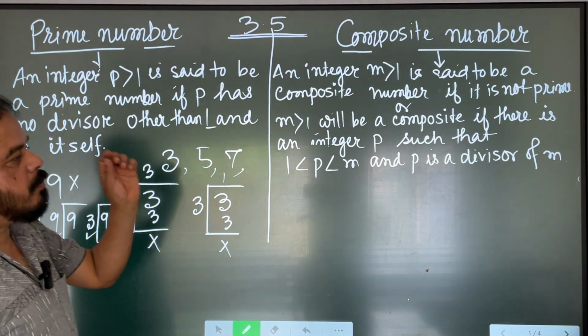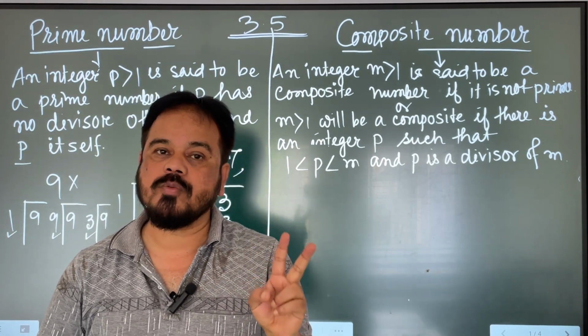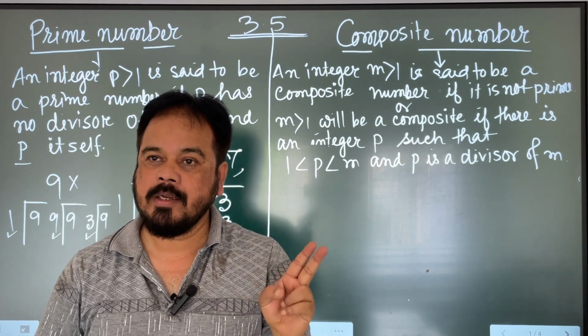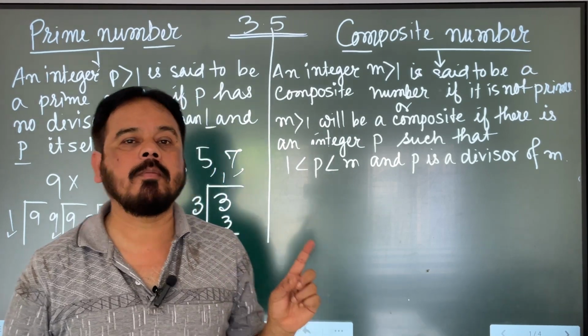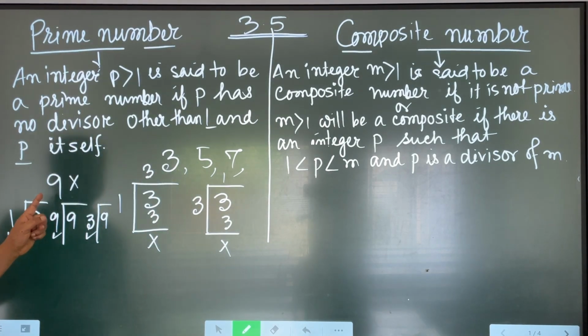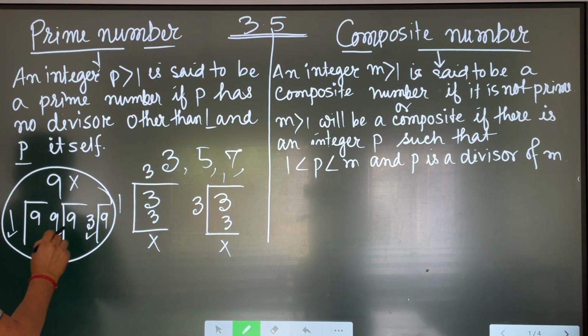So a prime number must have 2 factors, 2 divisors: 1 and the number itself. Then only that number will be called a prime number. So 9 is not prime because it has 3 divisors.